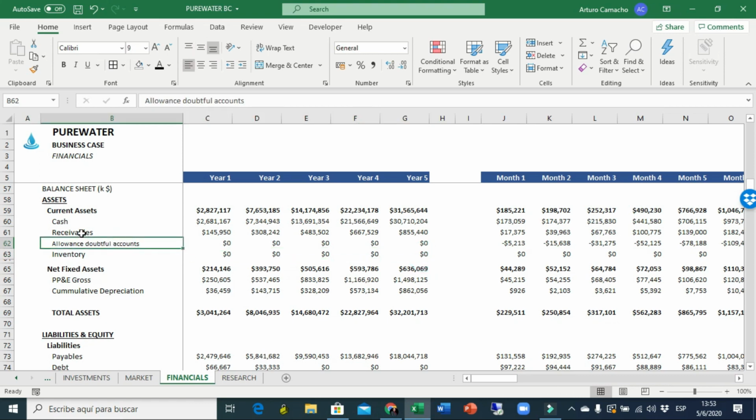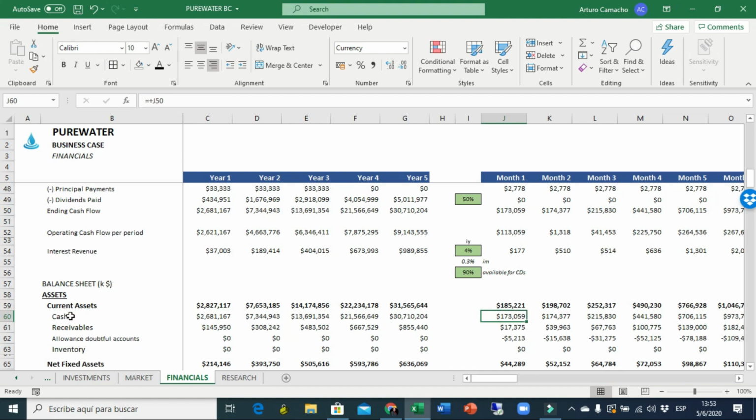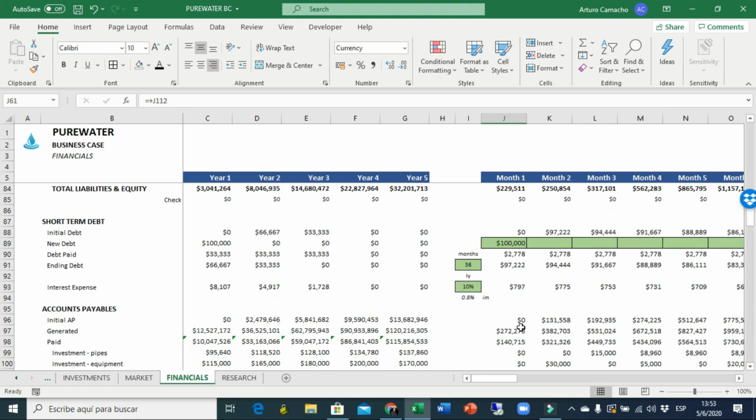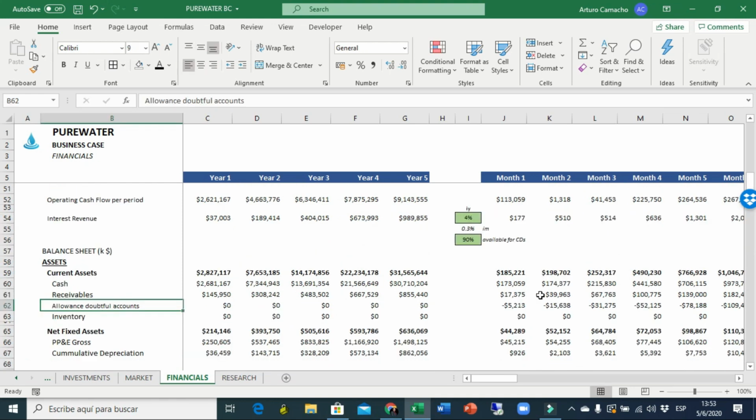And the cash is, of course, the cash that I have upstairs in my ending cash flow. The receivables is the one I just constructed down here, the accounts receivable. The allowance for doubtful accounts, this is important because it's just the bad debt that I will accumulate. I mean, it's the previous month's bad debt plus the new bad debt.